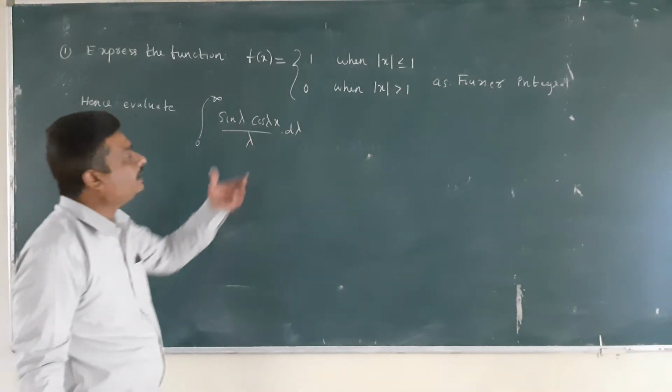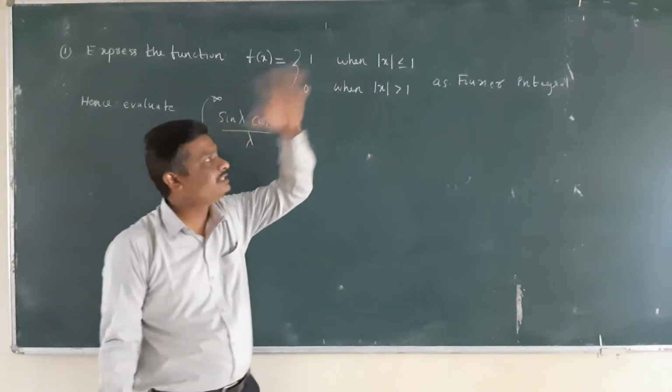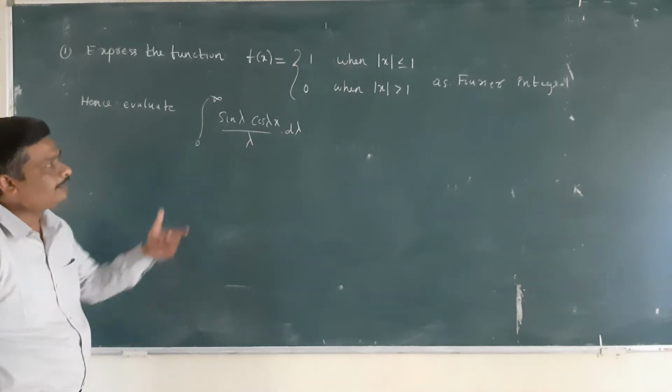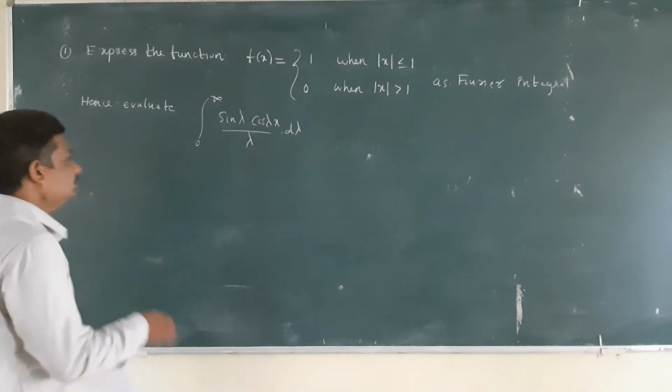So in the first part we have to express the function f of x as Fourier integral. In the second part we have to evaluate this integral.